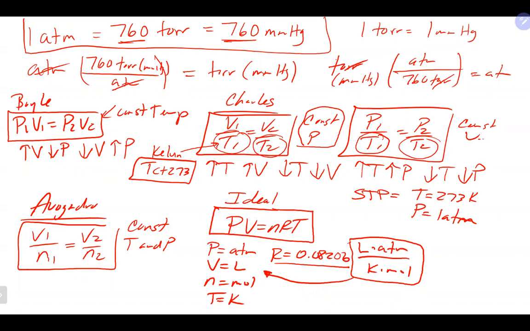There is a conversion factor you could use when you are at STP conditions, and that is 1 mole is equal to 22.414 liters. A reminder that this conversion factor can only be used if you are at STP conditions. If you are not at STP conditions, you should not use that conversion factor.